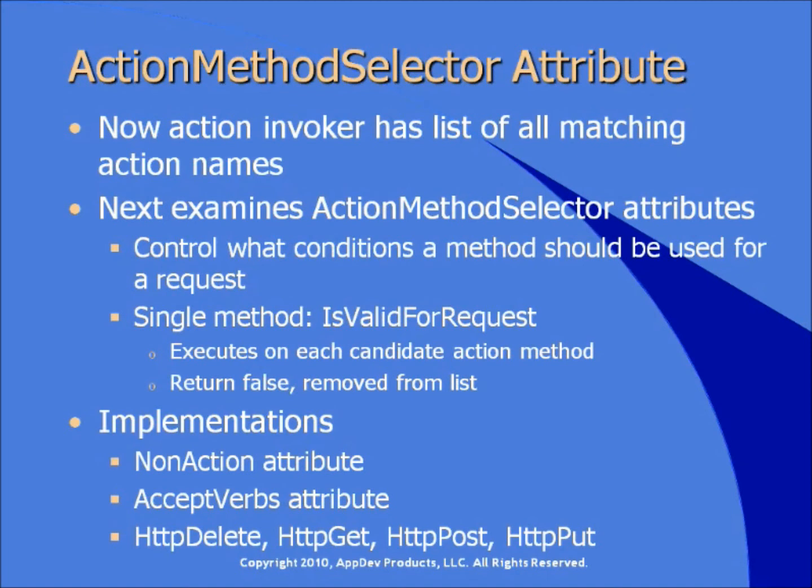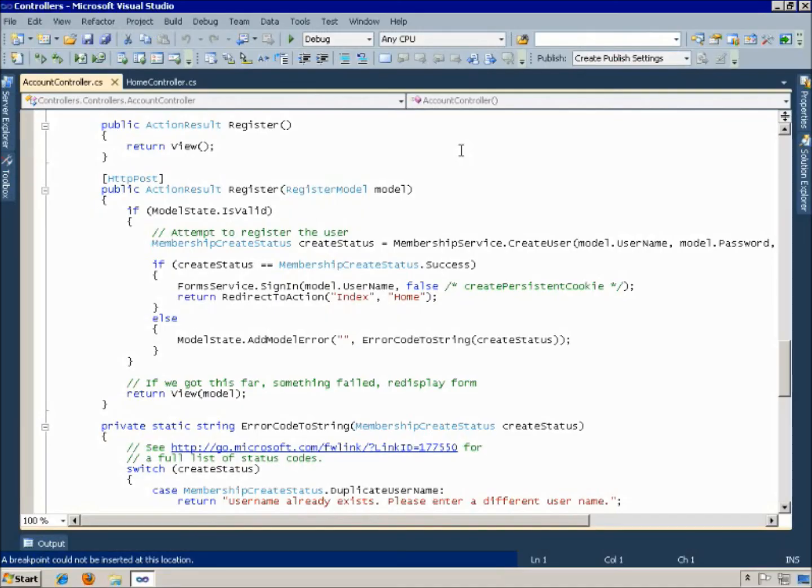So let's see how this works. Here's the Account Controller class that was created as part of a new MVC web application. And it implements two versions of the Register action method here. They're overloaded. One takes no parameters, and the other takes a RegisterModel parameter. Now this latter method is decorated with this HttpPost attribute, which means that this version of the action method is only going to handle requests that use the post verb.